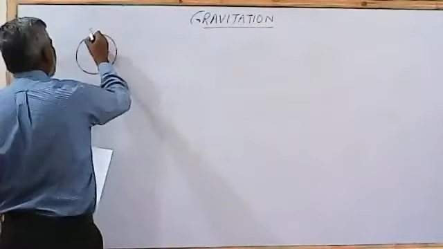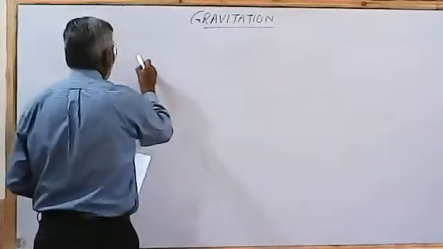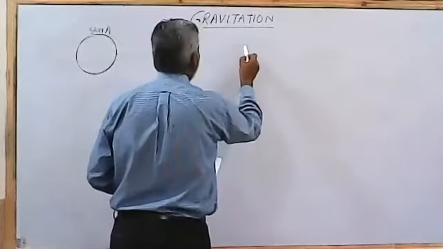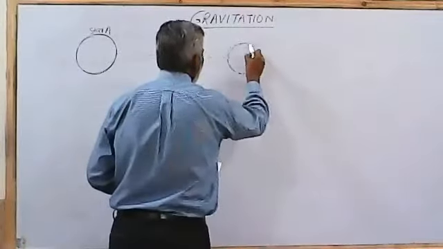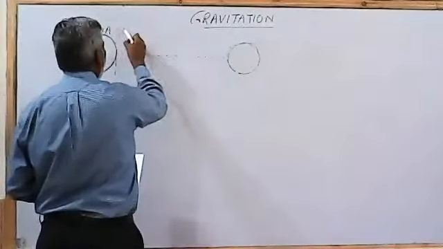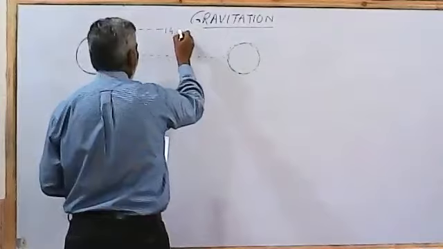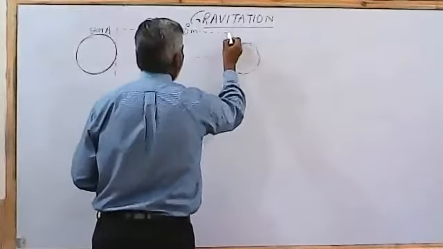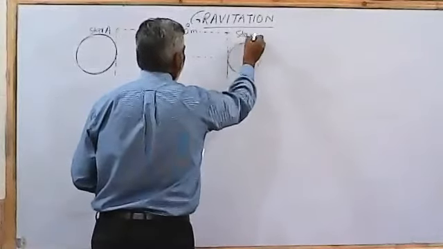One star is labeled A, and the other star, which is at a very large distance from it and relatively smaller in size, is at a distance, let's say we know this distance, 1.4 times 10 to the power 12 meter from the surface of the other star. This is star B.